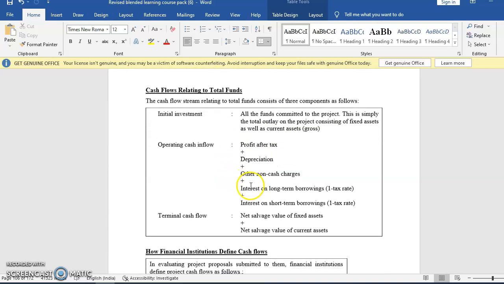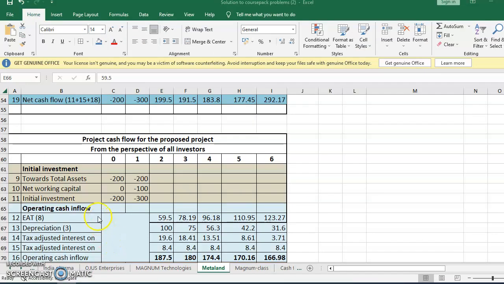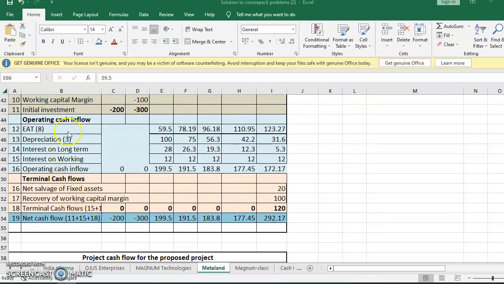In case of the total fund, it is profit after tax plus depreciation plus interest on long-term borrowings and plus short-term borrowings. So that is the reason here, from the point of view of the financial institutions, we've added back all the charges, including depreciation, including the interest on long-term loan and working capital. So when you add back all this, only then you get 199.5.